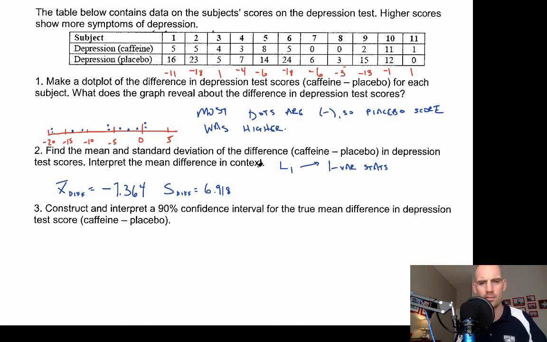So interpret the mean in context. It means on average, the placebo score, and there's a couple ways to say this.